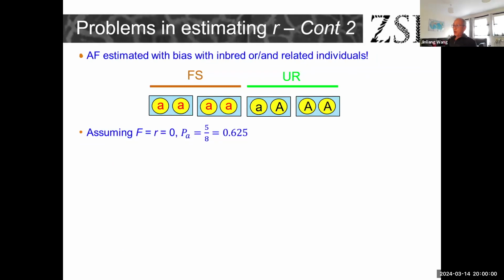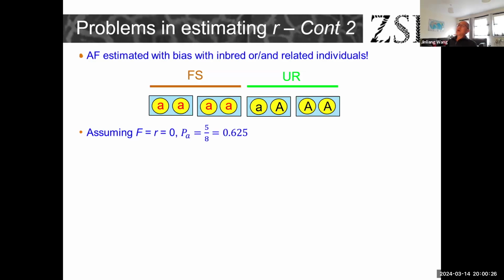That is one problem with a small sample size. It's relatively easy to correct for it. That is, we need to use the sampling without replacement that could correct for the bias. And the second problem is probably more difficult to solve.